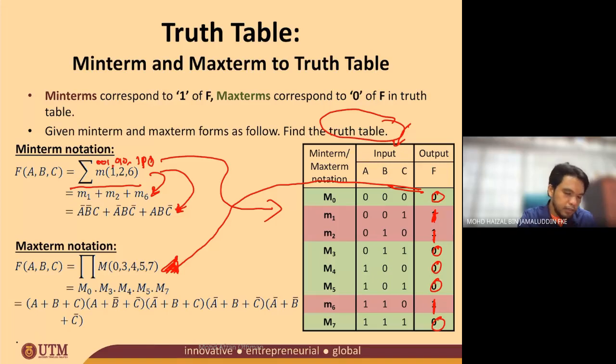So you know that this is 0, this is 3, 4, 5, and 7. So you can write the Maxterm notation from the truth table.